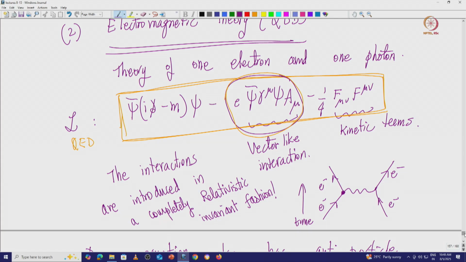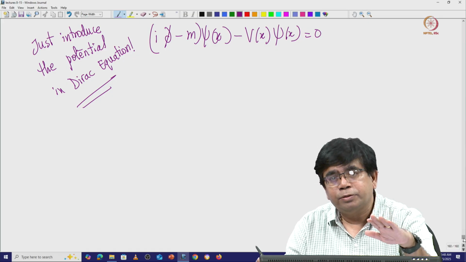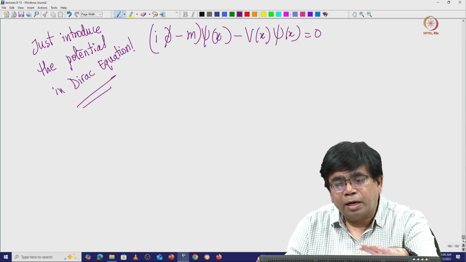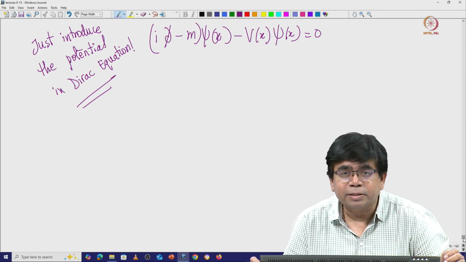Whereas in this case, I am putting the relativistic form of the wave function for the electron. So it is half relativistic, half non-relativistic. This is the kind of situation you are having.